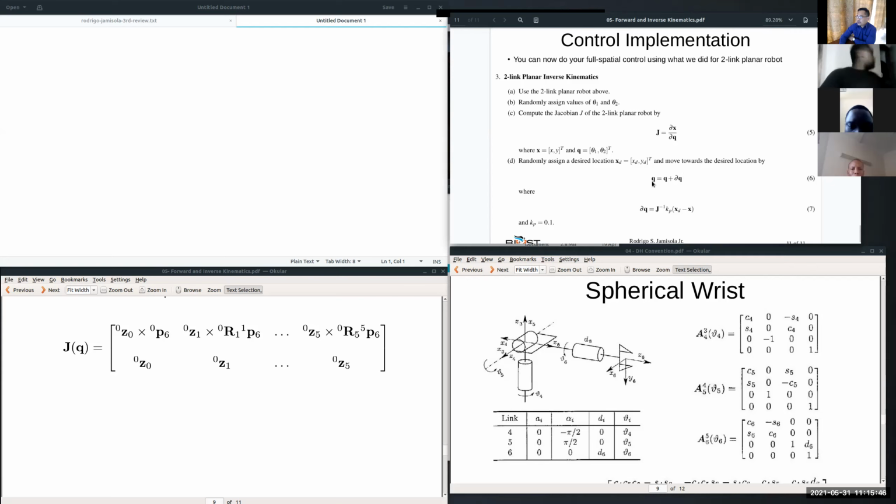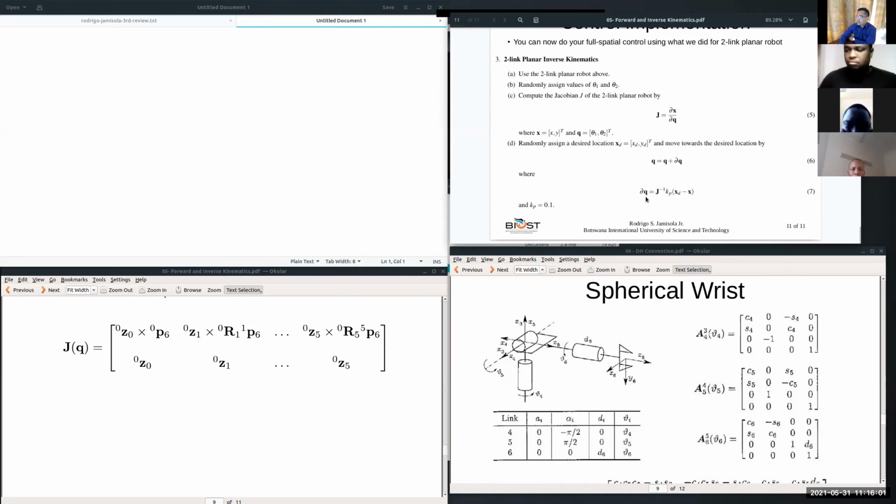This is the Q. We can initialize it to some value Q where the robot is currently. And then from these current angles, we will step towards the new angle that we are going to use in order to go to the desired X value.